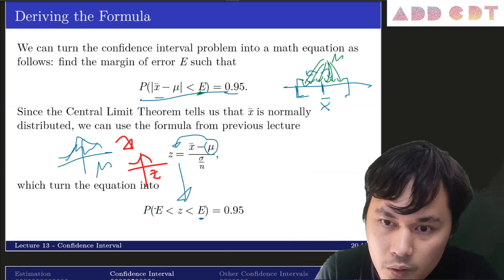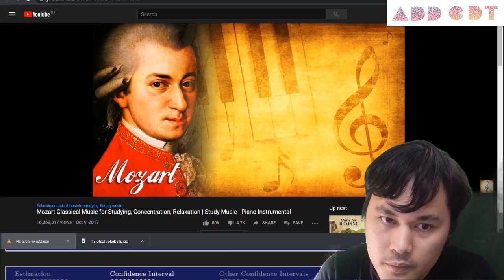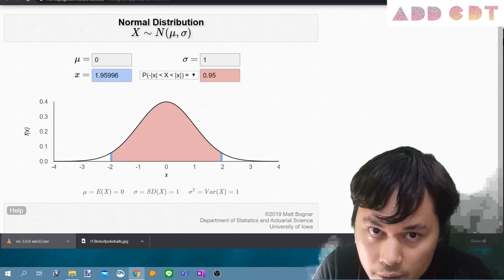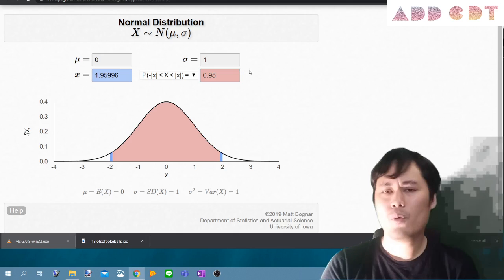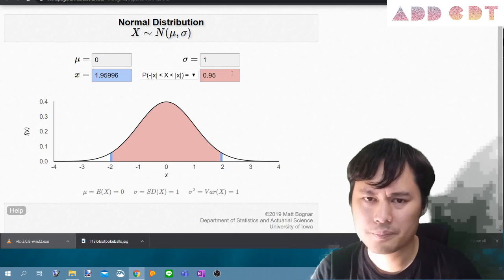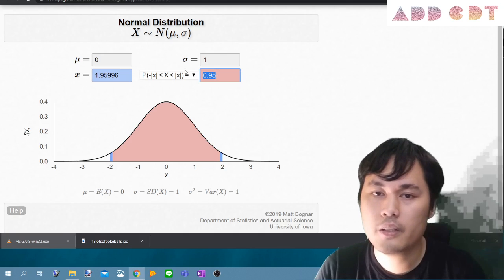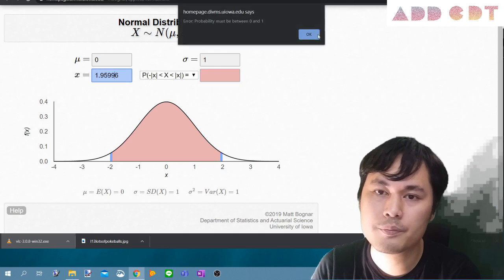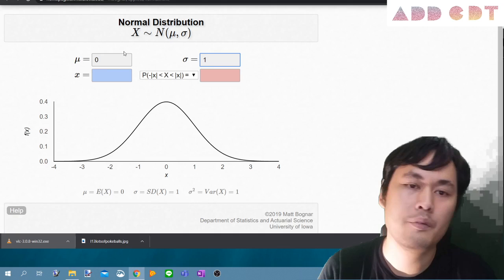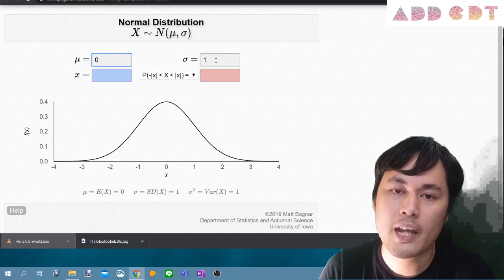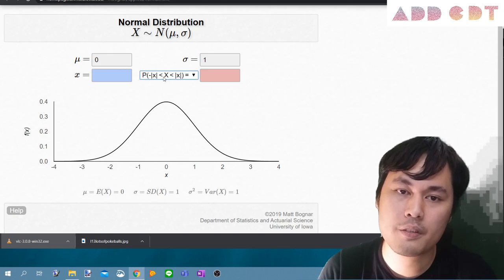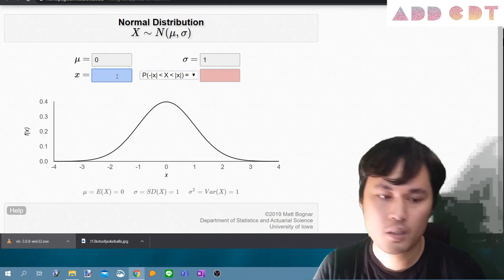So we use the standard normal distribution curve here. That's the curve. The average, mu, is 0. The standard deviation is 1. So we can use this formula to compute the value of x.